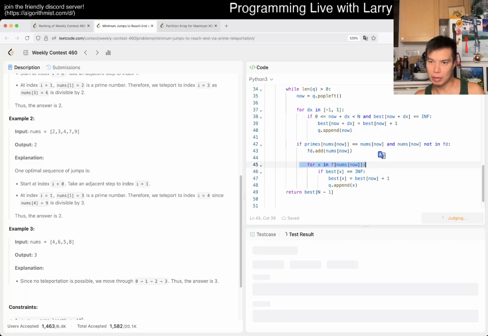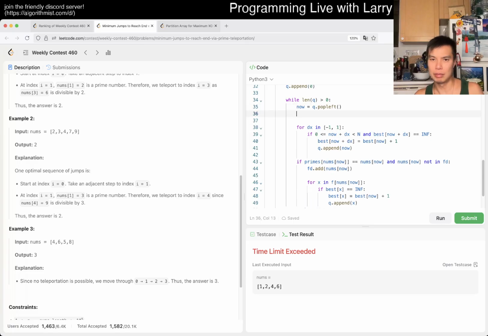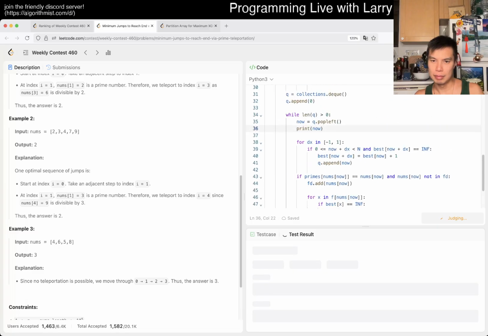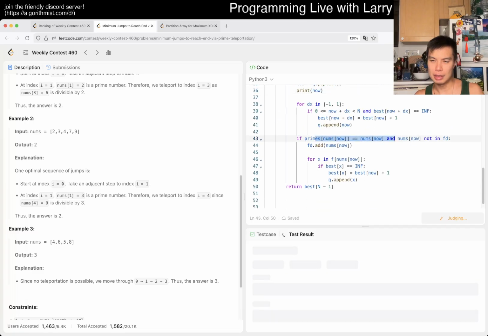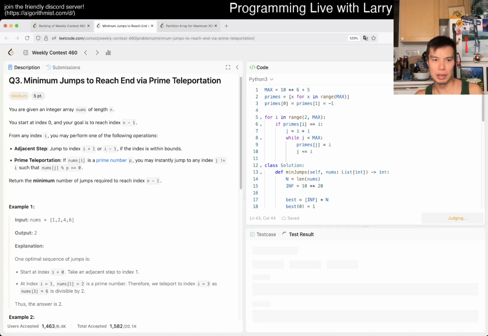I mean, this may be slow if we don't do this correctly, but it should be correct. 1 plus 1. That's weird. What am I infinitely looping on? Oh, 1 is weird, isn't it? Because this will always be wrong, so we don't ever jump on 1. And 1 is not a prime.